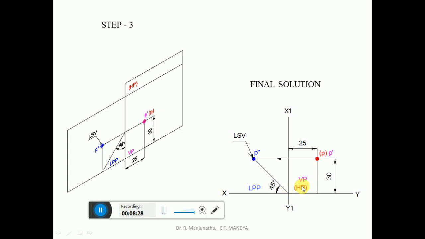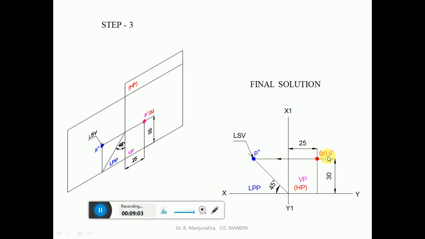Since HP is above the XY line, from the origin you draw a 45-degree line and then project from the top view, that is from P, draw a horizontal projector such that it goes to meet the 45-degree line, wherein the behind VP distance of 30 mm, which is vertical, is transferred as the horizontal distance, which is 30 mm now. So where the position of the front view is, on that line you are going to get the side view.